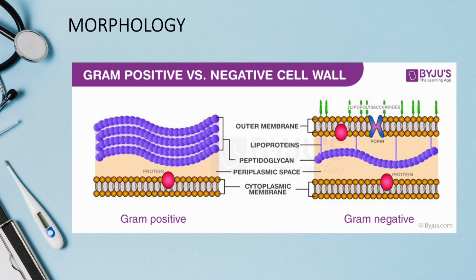Staphylo means grapes. They are arranged in clusters, which means they multiply in any direction, along any axis. Streptococcus divides along just one axis, in chains. If they have a similar cell wall structure, of course they will be stained in the same way.